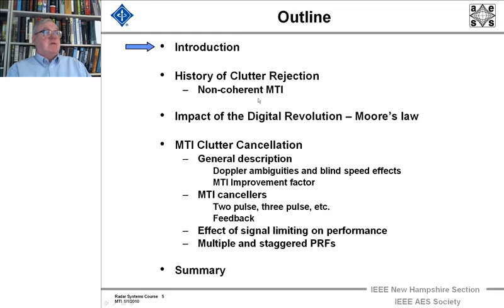And then look at an incredible thing that was a byproduct of the digital revolution, of Moore's law. What that did is enable us in the radar community to do orders of magnitude better in rejecting clutter, suppressing it, and seeing very weak targets in heavier and heavier clutter.